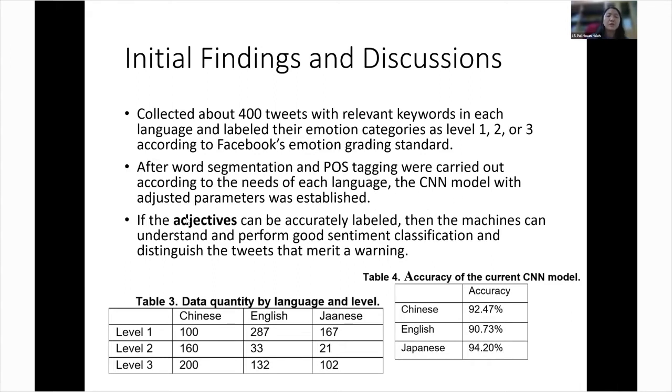After adjusting the parameters, we found that the accuracy looks very nice. And we also found that if we carefully treated the adjectives for every post, then we will have a better result. And this is a very useful finding for our follow-up research.